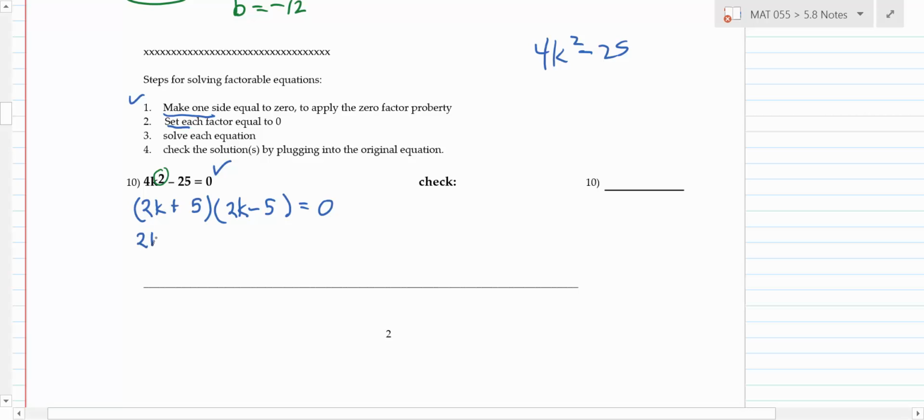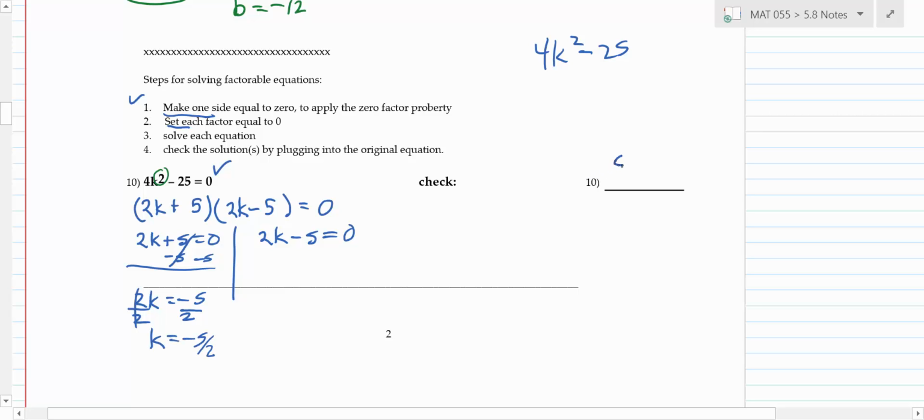You're going to set the first factor equal to 0, and you're going to set the second factor equal to 0, and solve those. Now, with a little practice, you can get to where you can do this in your head. So what I'm going to do on this one is subtract 5, and that'll give 2k equals negative 5. Then if I divide by 2, I'm going to get k equals negative 5 halves.